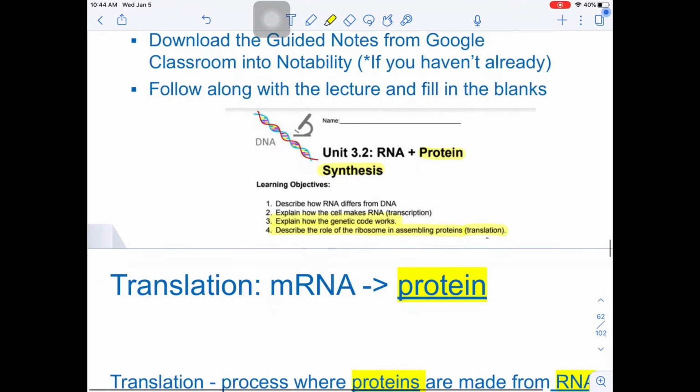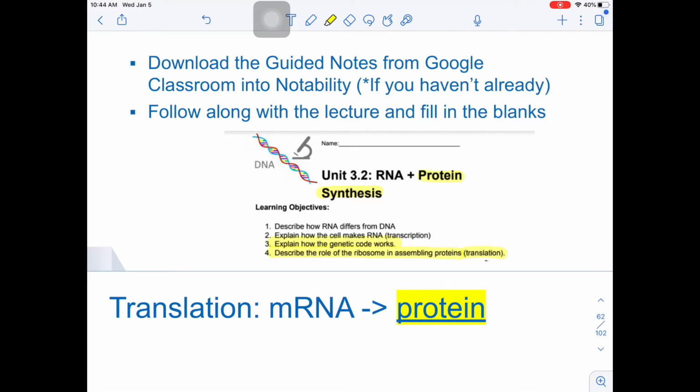Translation is the process of going from an RNA molecule to a protein. So we learned in the last section of notes that transcription is taking our DNA molecule and turning it into an mRNA strand. But today we're going to look at how the cell translates that RNA into a new language, a new molecule, which is the protein.